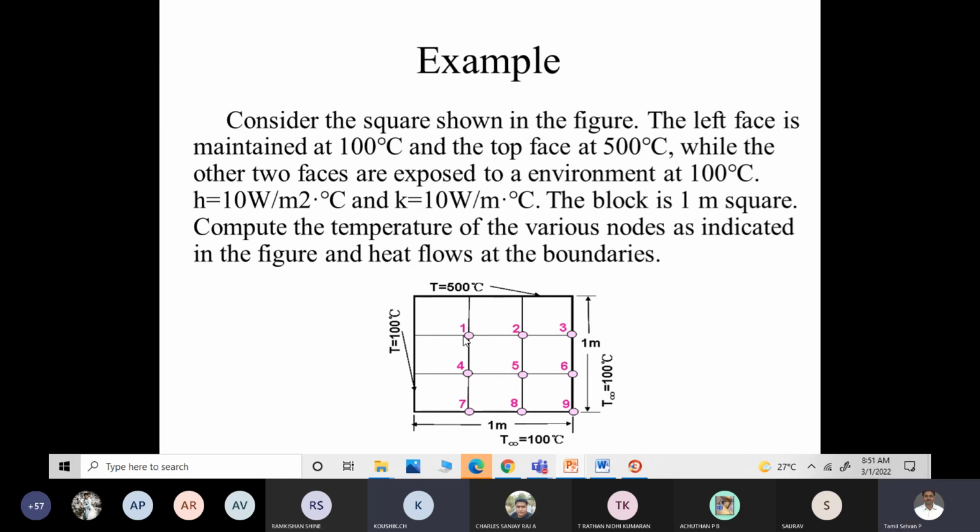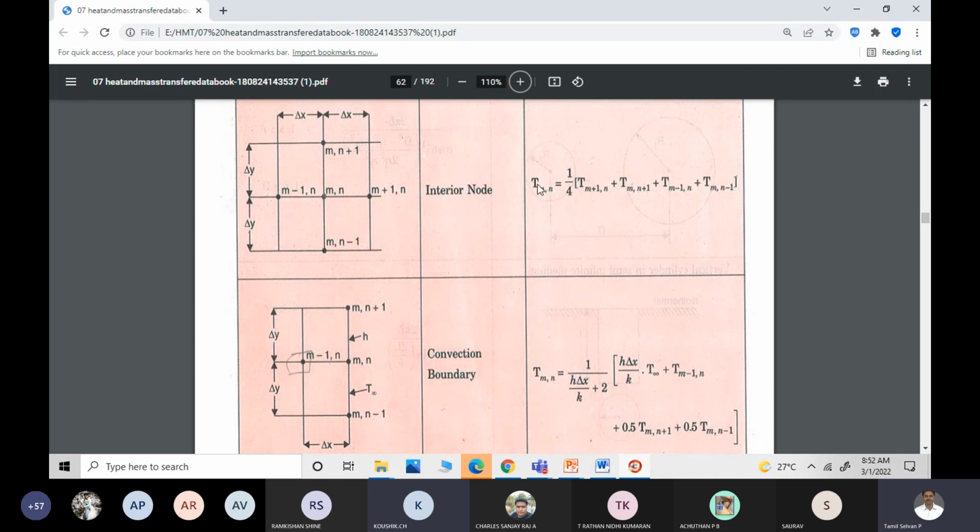So you may ask, sir, how have you written this? I am using Tm,n equals 1 by 4 of Tm+1,n plus Tm,n+1 plus Tm-1,n plus Tm,n-1. All of you are able to understand this, students?